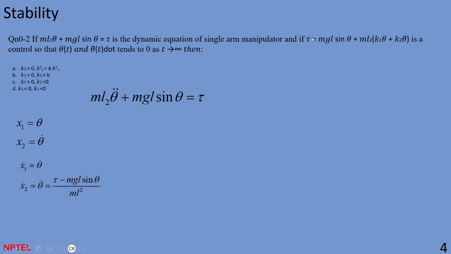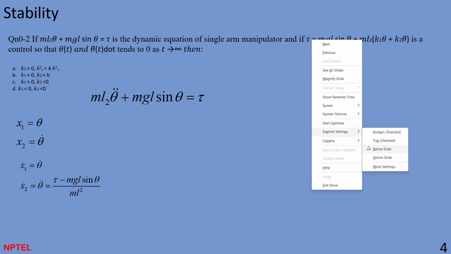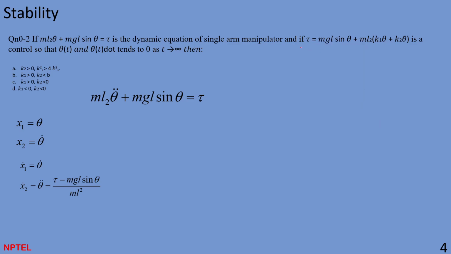And in the question it is given that tau is here. The tau value is the controller which we are choosing. So when you put this tau value in this equation, you will get something like k1 theta plus k2 theta dot.